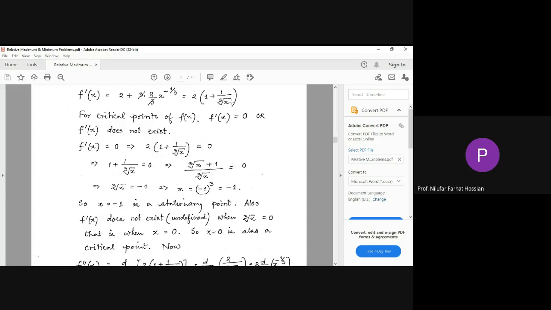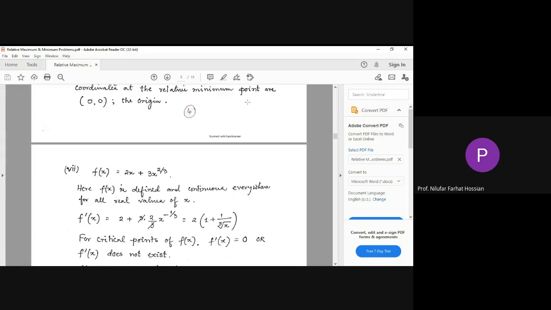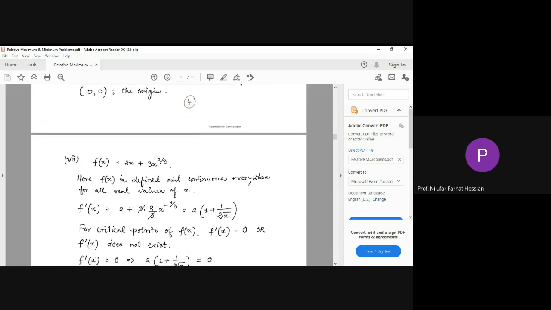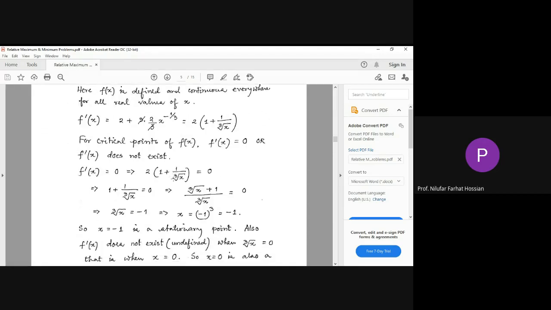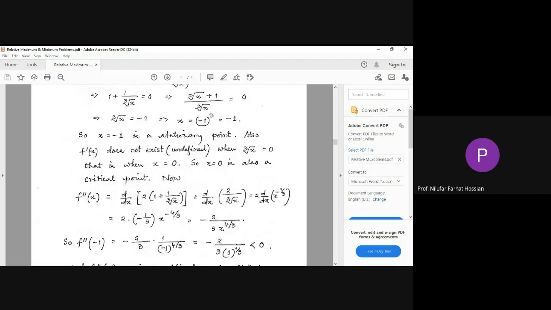So x equal to 0 is another critical point, because this function was continuous everywhere. It is also continuous at x equal to 0. When x equal to 0, the function value is 0. So f of 0 is a finite value which is 0. So x equal to 0 is another critical point. So here we have two critical points. One is 0 and the other is minus 1.